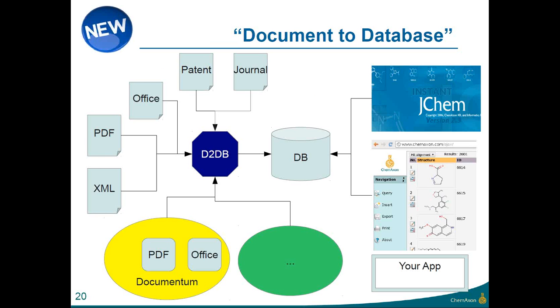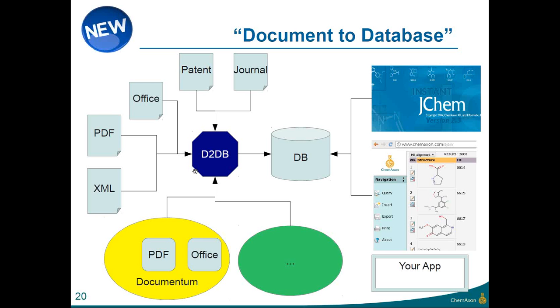I want to mention, so obviously what do you do when you have a list of structures? Well, it depends on your application. One of the things you might want to do is to index the structures that you found, and so using the JChem Base or the JChem Cartridge API, you can do this and integrate it in your application and your workflow. I want to mention that we've been working on a product called Document to Database, which is one offering for this task.